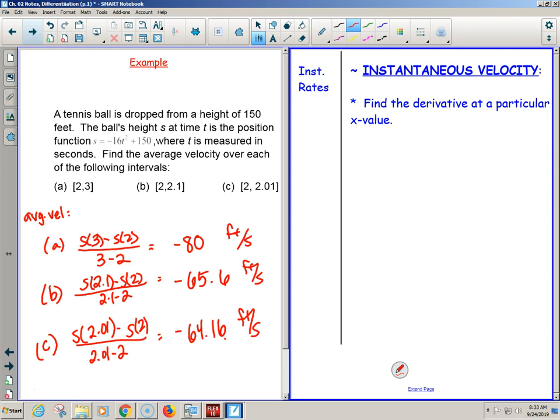Slopes of tangent, slopes of graph, instantaneous rate of change. So when I see instantaneous velocity, which is an instantaneous rate of change, all I need to do is find the derivative at a particular x value. And now that we have these really snazzy shortcut rules, is it going to be near as hard to find f prime of a now?